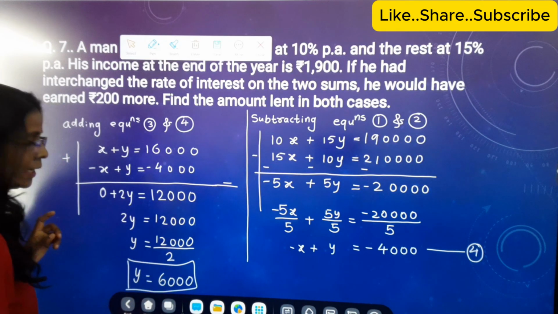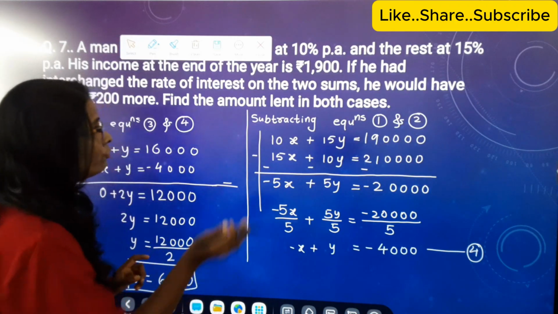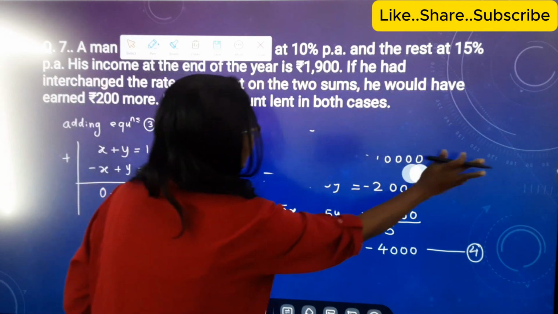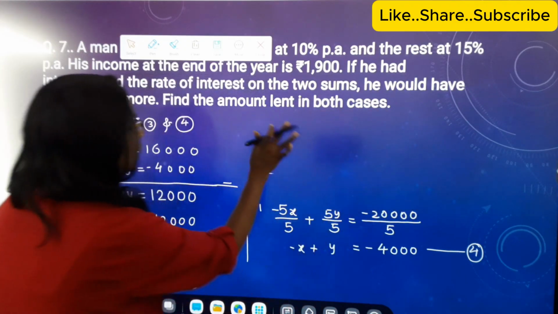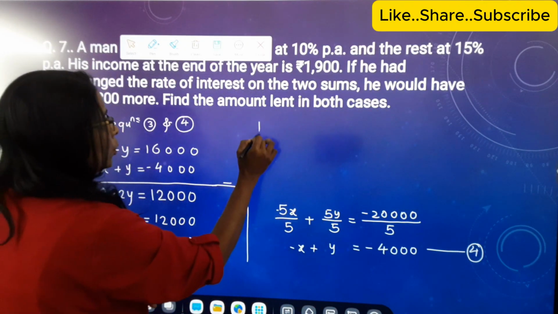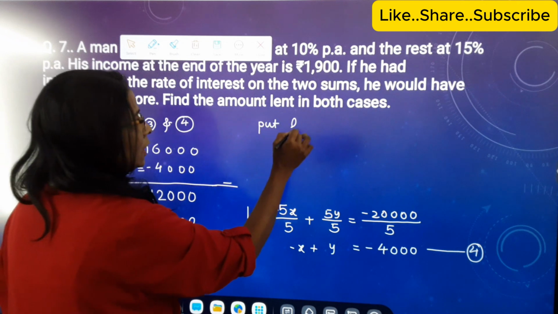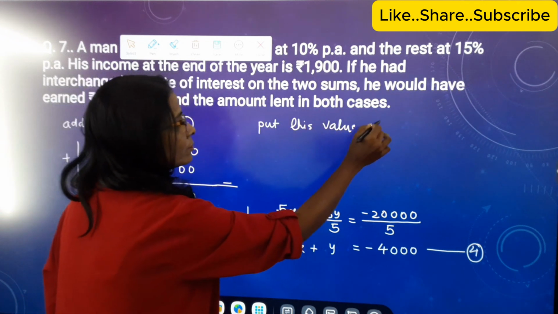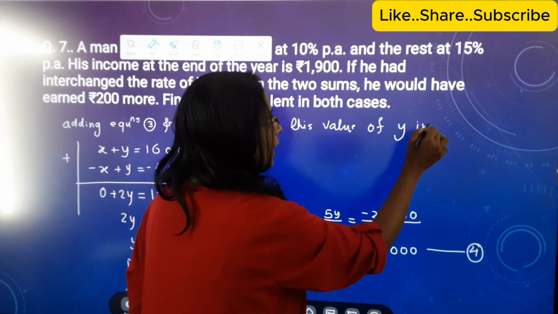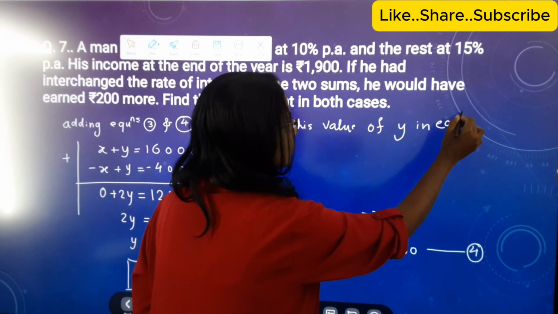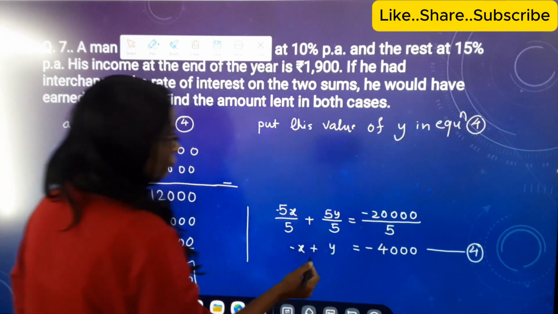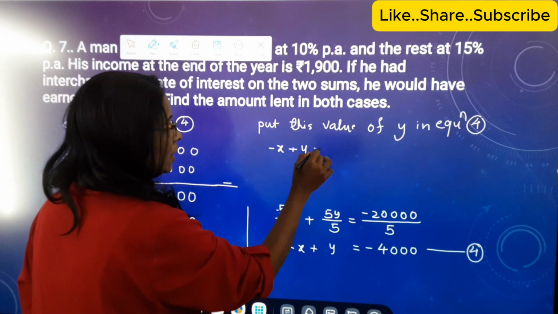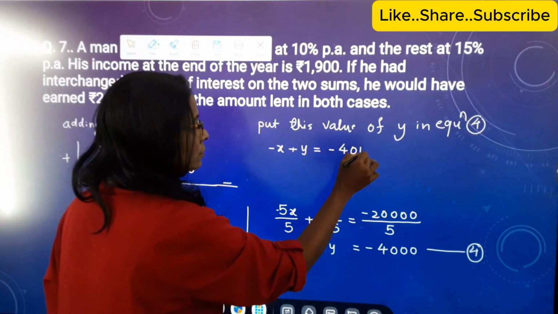Okay? Then we want the value of x. Put this value of y in equation 4. The fourth equation: minus x plus y is equal to minus 4,000.